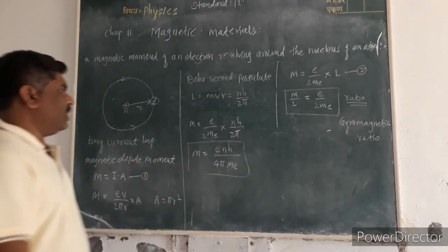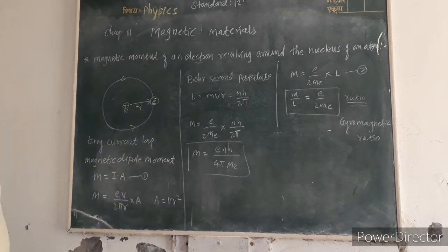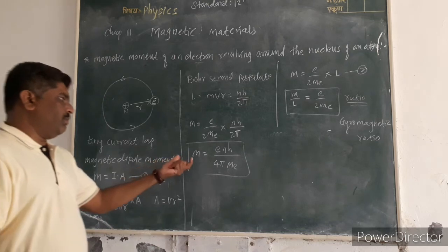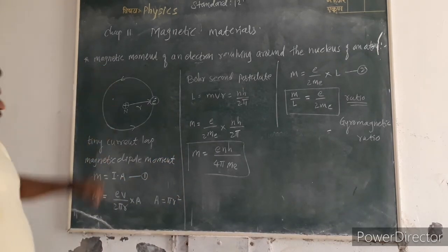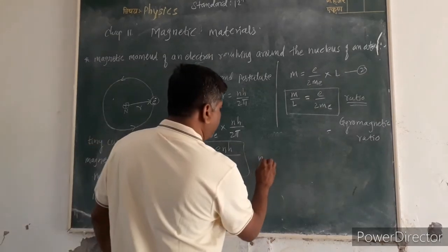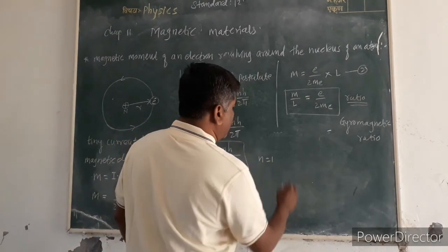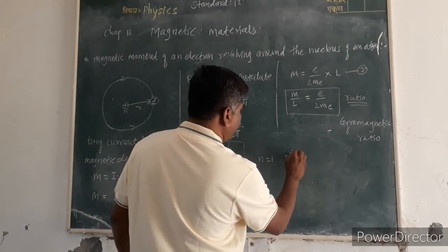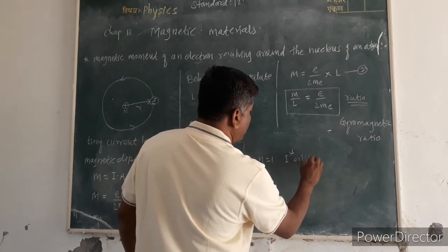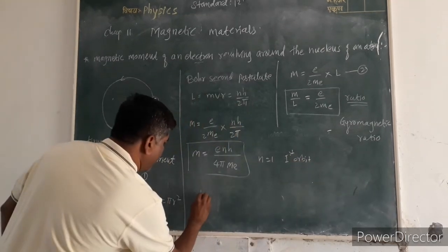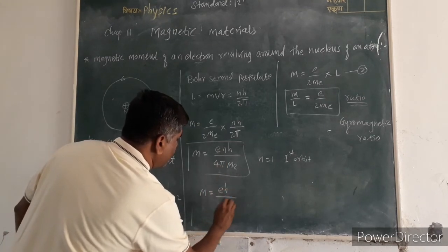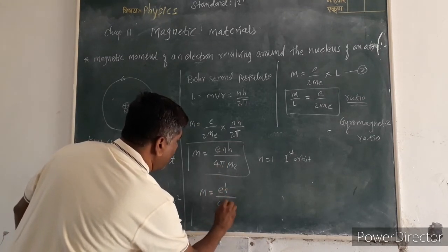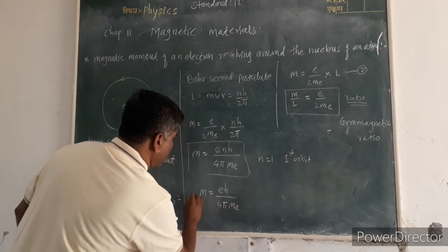This is called the first Bohr orbit's magnetic moment, if n is equal to 1 for the first orbit. Therefore, M is equal to eh divided by 4 pi m.